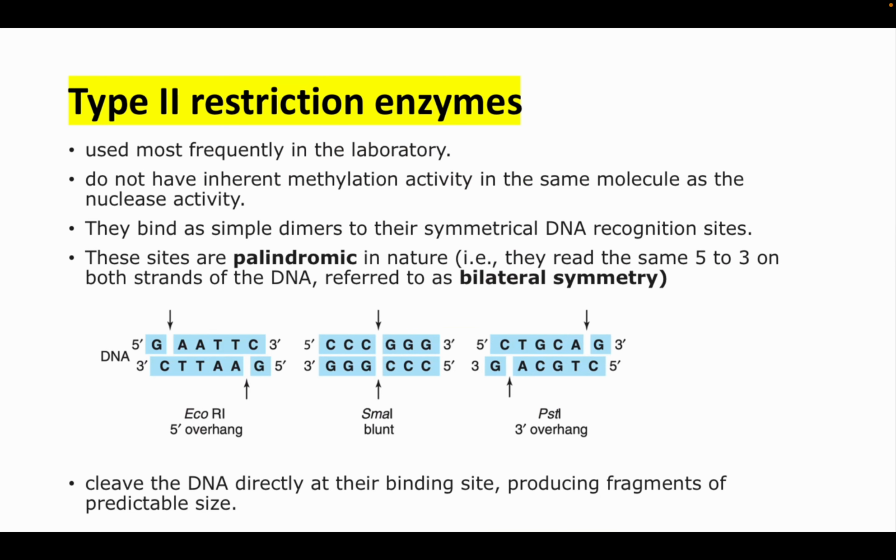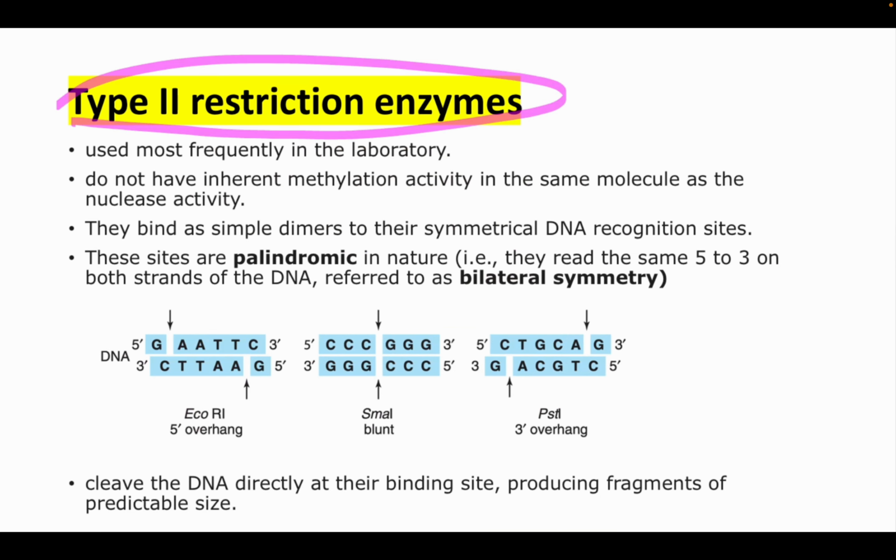Since we usually manipulate bacteria in the laboratory, we are frequently using type 2 restriction enzymes. However, unlike type 1, they do not have methylation activity in the same molecule as the nuclease activity. In type 1 you have nuclease and methylase activity in one enzyme, but this one, it's not like that.